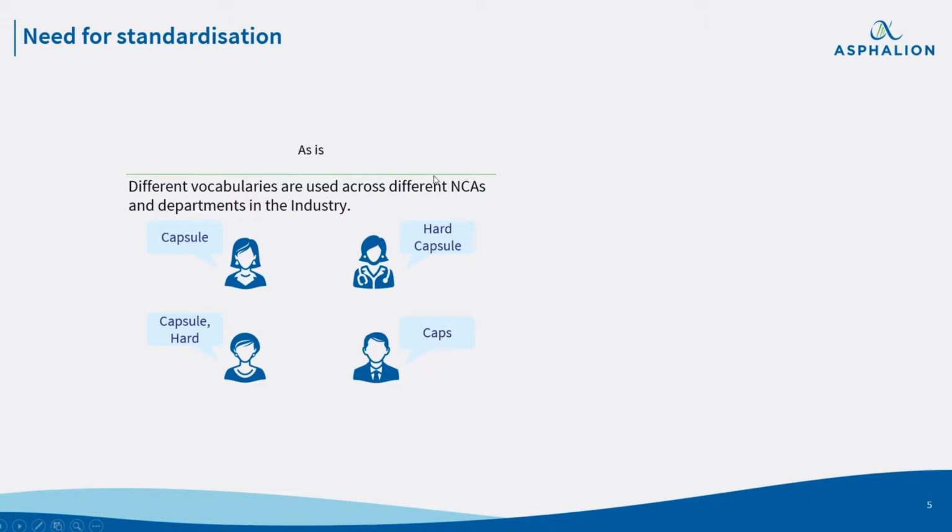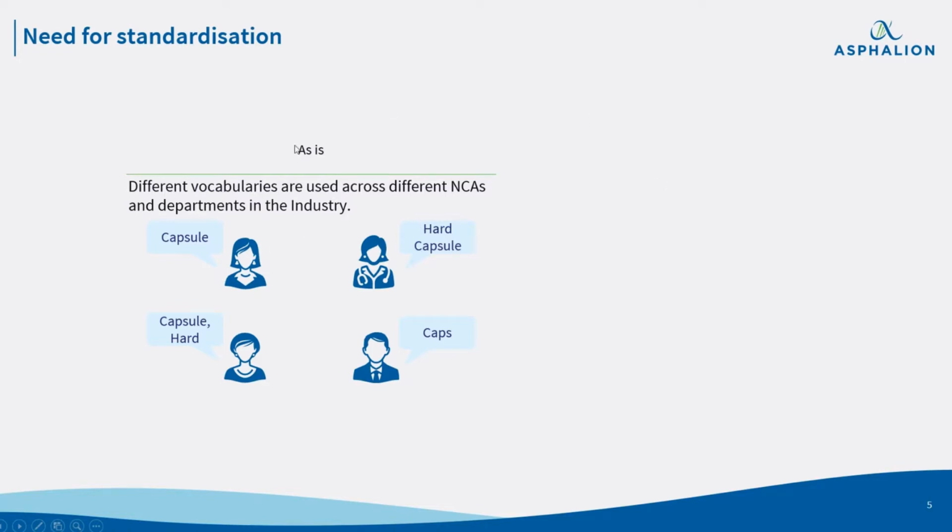So it's not only standardization between the countries or between the departments of the company, it's also across the whole global pharma. So this is just a simple example of how in the different departments the different people working on there, and they are referring to the same term, but they are saying it in a different way.